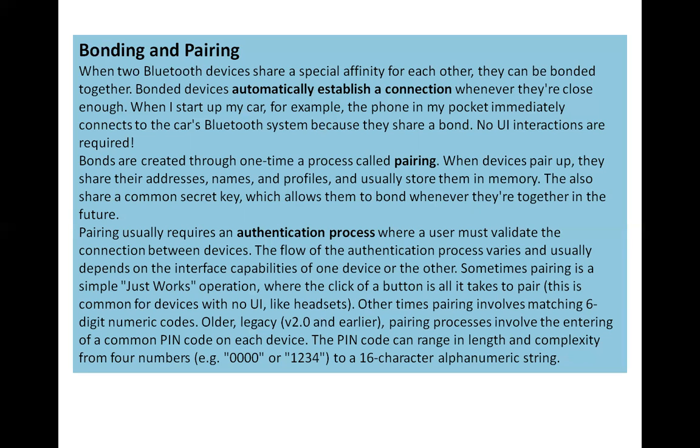Pairing usually requires an authentication process where a user must validate the connection between devices. The flow of the authentication process varies and usually depends on the interface capabilities of one device or the other.